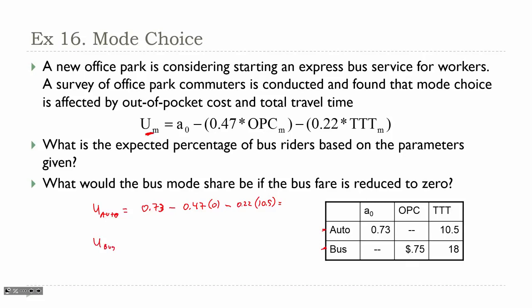Likewise, we'd have the utility of the bus, which doesn't have an initial term, minus 0.47 times 75 cents, which is the fare, and then minus 0.22 times 18 for the travel time. They should be negative. Yep. The first one's negative 1.58.